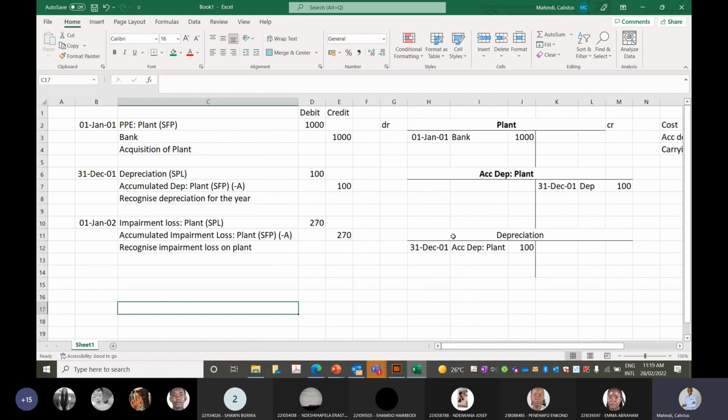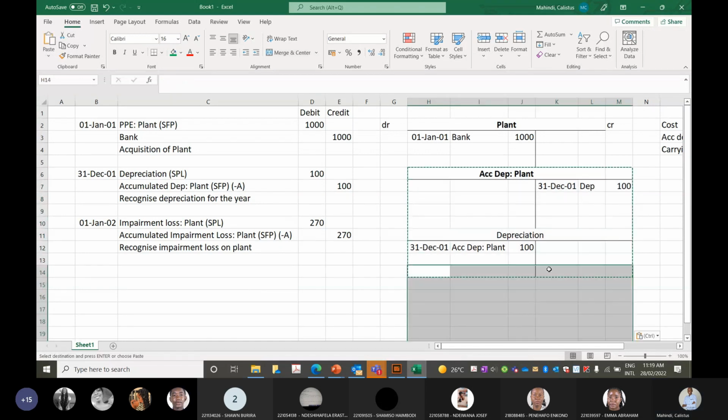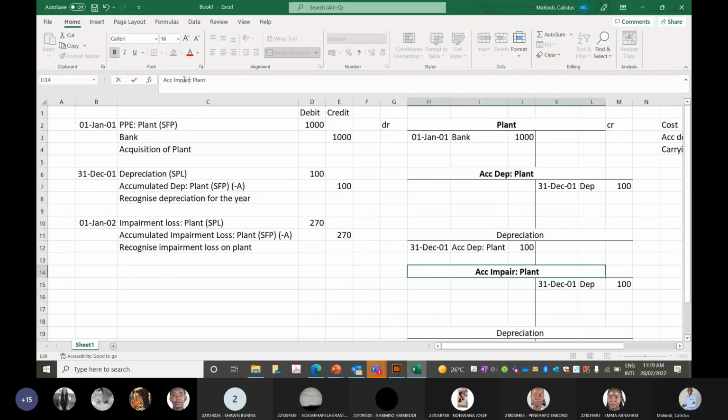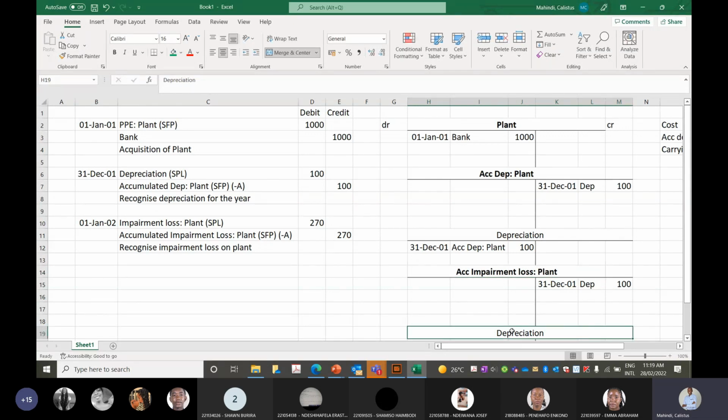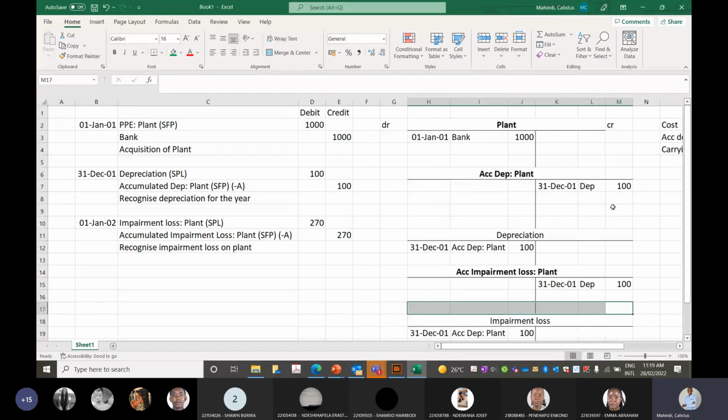So if I prepare my ledger account, I'm going to have other accounts. Let me just copy this. I'll have accumulated impairment loss, and I'm going to have an impairment loss account. Let me just delete these so you can see it clearly.